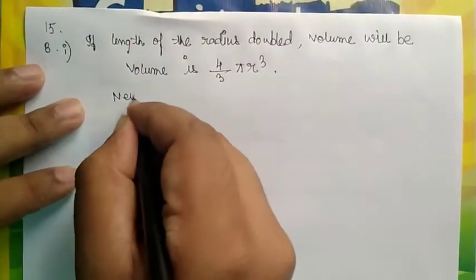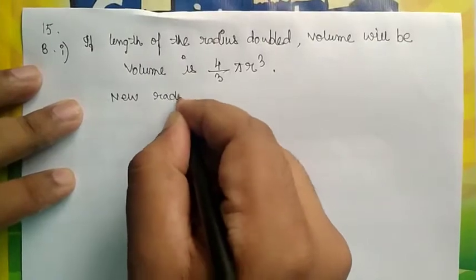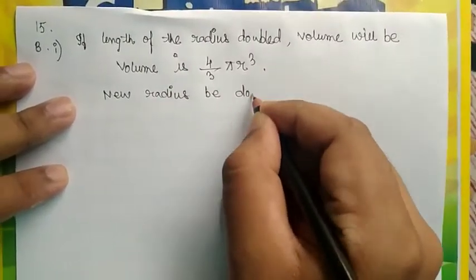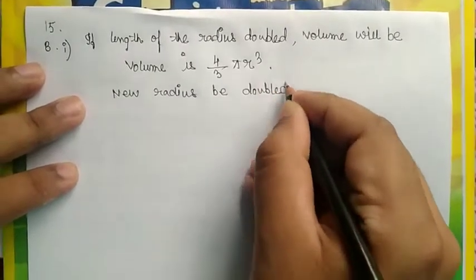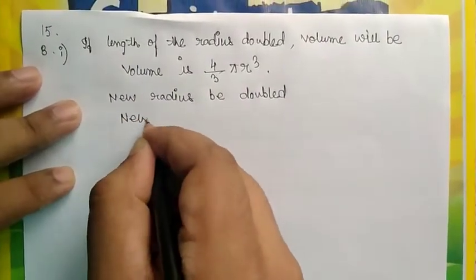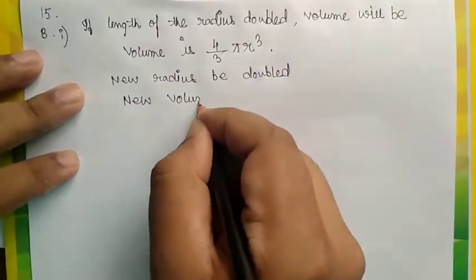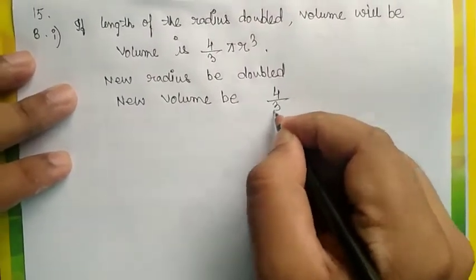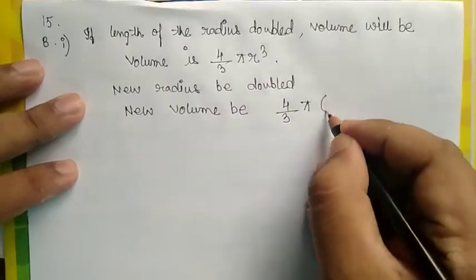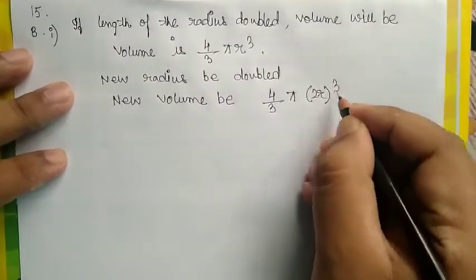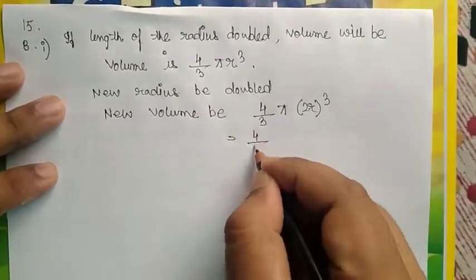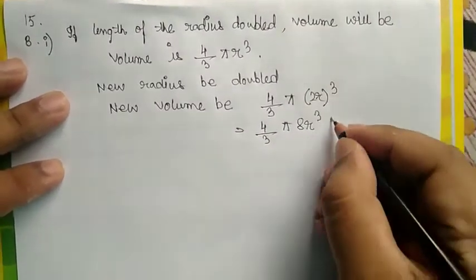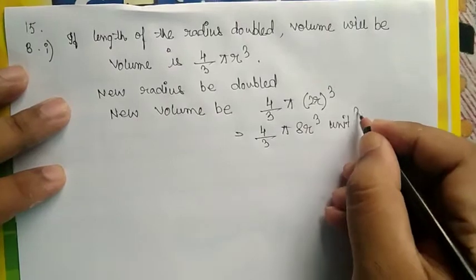New radius will be doubled. So therefore, new volume will be 4 by 3 pi (2r) whole cube. So therefore 4 by 3 pi 8 r cube unit cube.